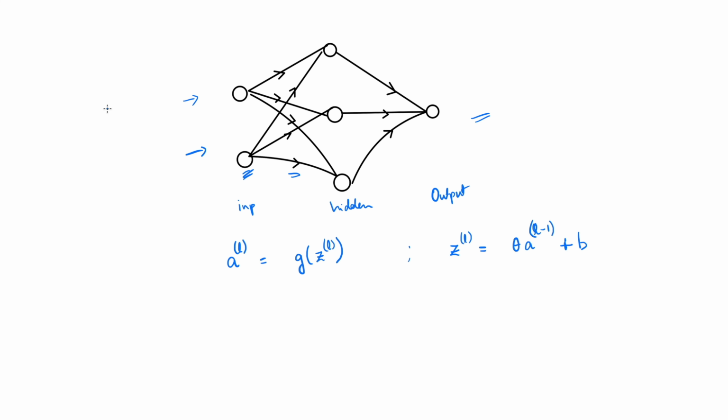Now each neuron has some sort of an activation, and this value ranges from 0 to 1. Now 1 is the maximum activation and 0 is the minimum activation that a neuron can have. That is, if we use the activation function called the sigmoid function, which looks something like this.